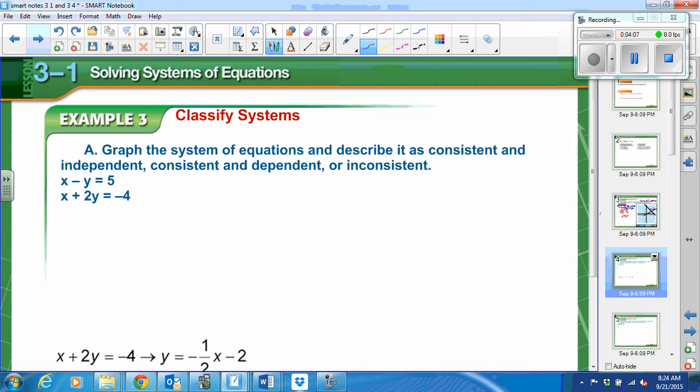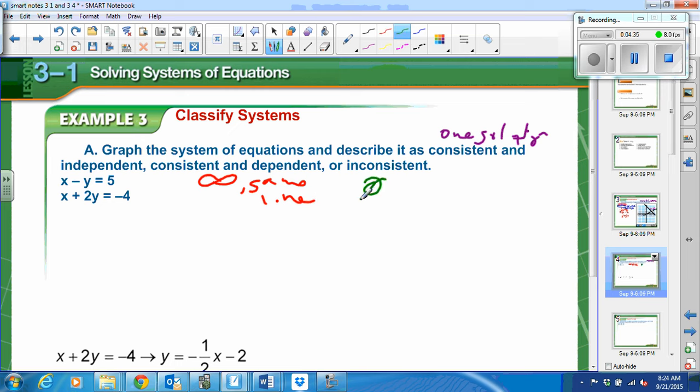Well, consistent and independent, we just said, that means that it has one solution. Consistent and dependent, that's going to mean that it has infinite solutions. And basically what that means is that it's the exact same line. And inconsistent means that it has no solutions or an empty set.